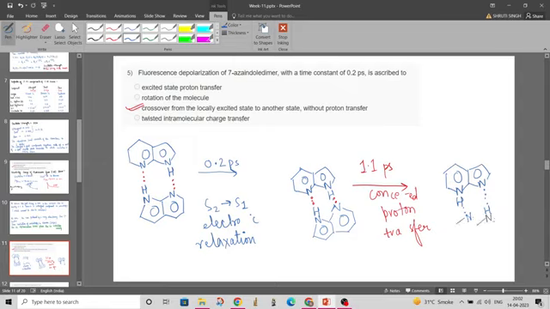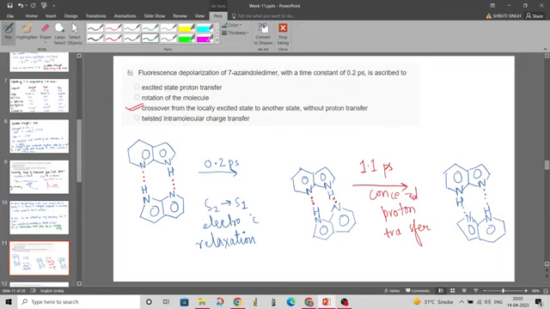This is the covalent bond, and this is the hydrogen bond with the 6-membered ring. Sorry, hydrogen bond with the 5-membered.